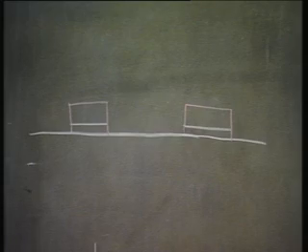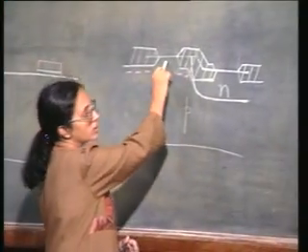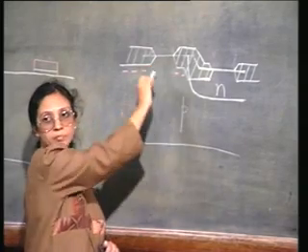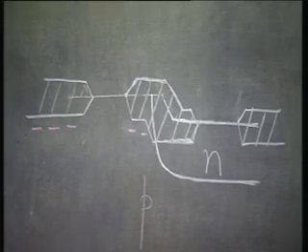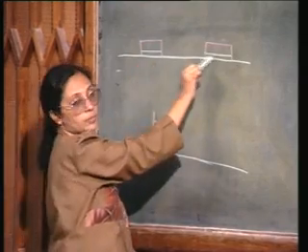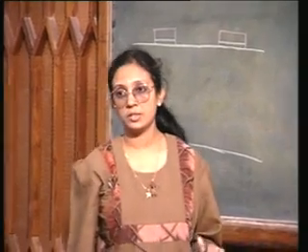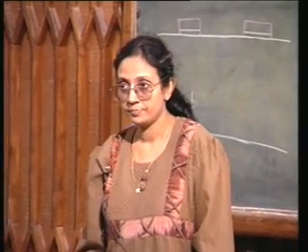Remember, in this case I only had one mask, I only had to protect the NMOSFET region. Now, I have two masks, because I am going to have two wells, I must protect both the regions.